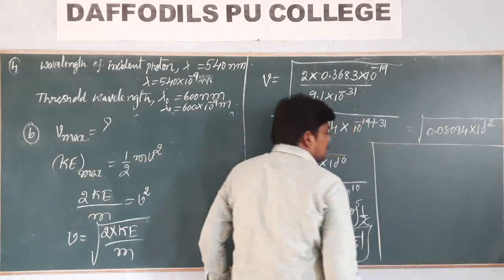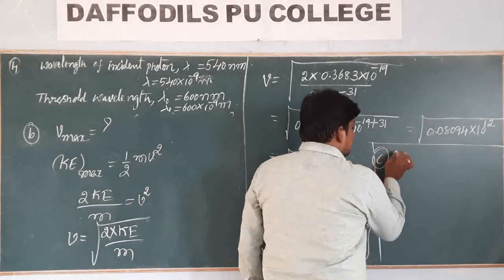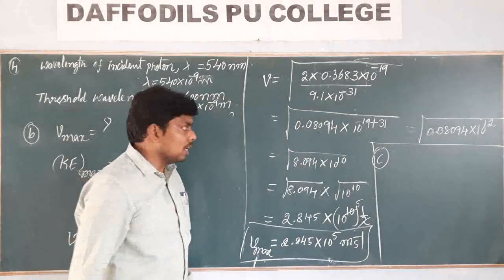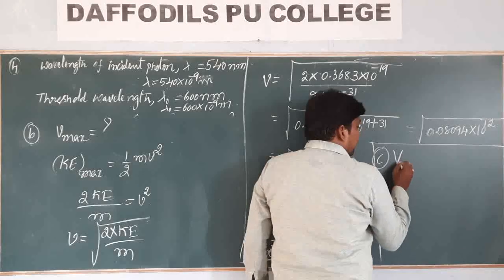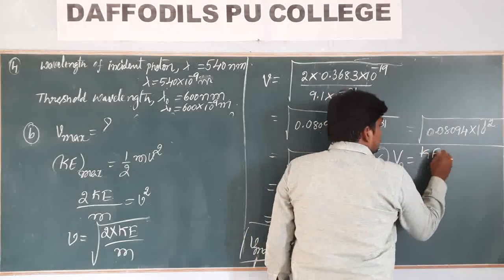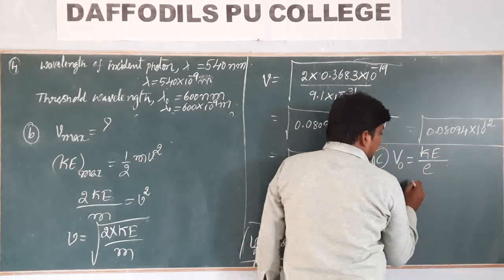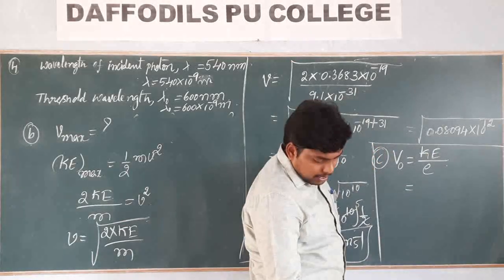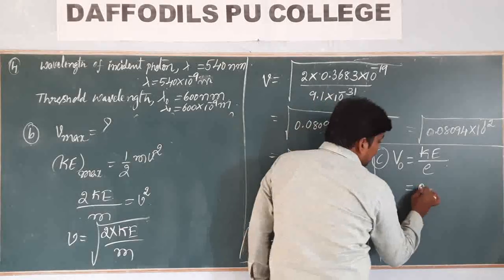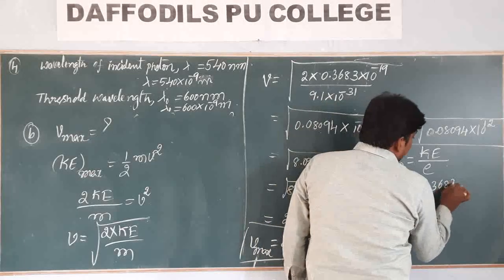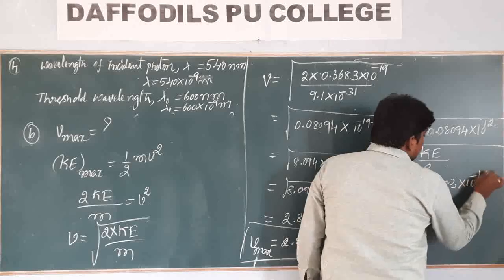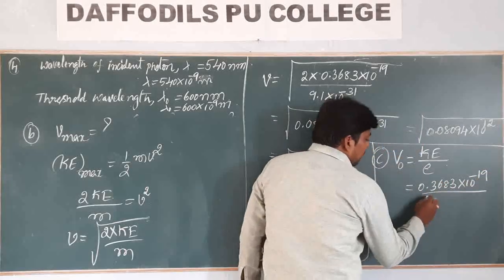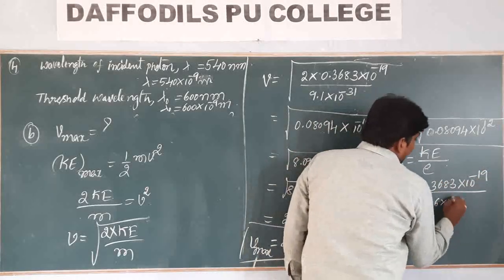We have to calculate the stopping potential. Is there any relation between stopping potential and the kinetic energy? There is a direct relation. Stopping potential is equal to kinetic energy divided by the charge on the electron. What is the kinetic energy value you got here? That is 0.3683 into 10 to the power minus 19 joule. The charge is 1.6 into 10 to the power minus 19.